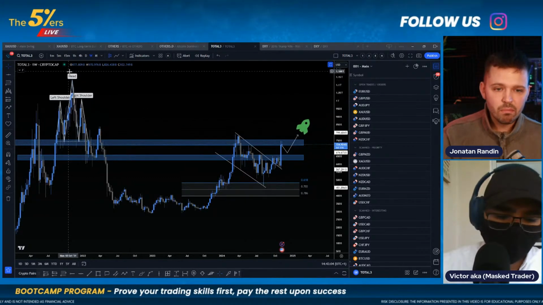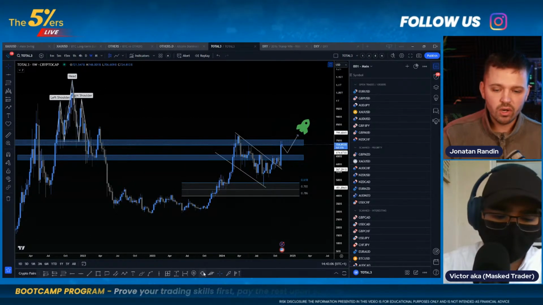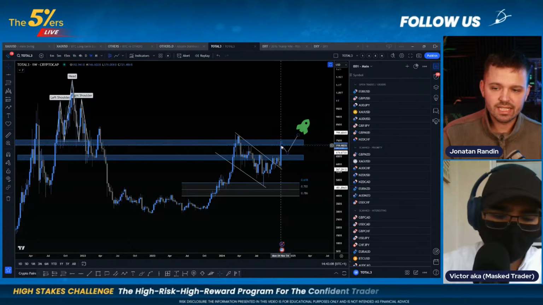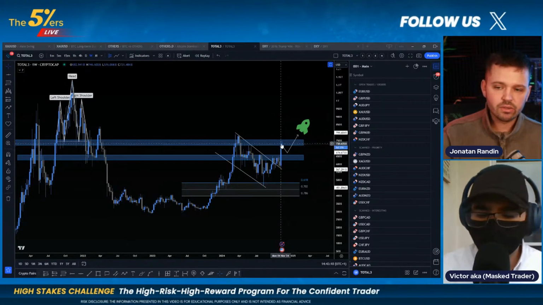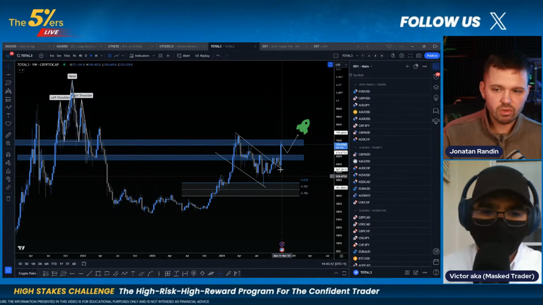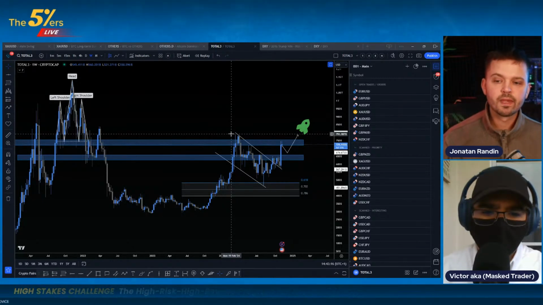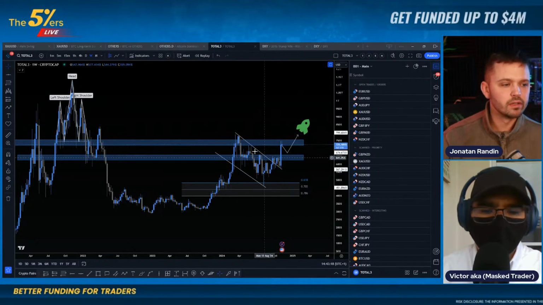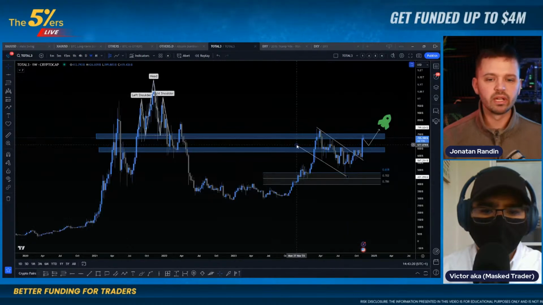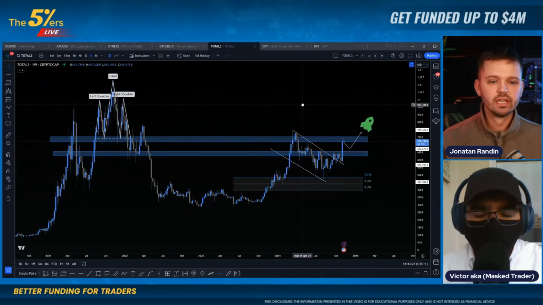So the altcoin market cap is just getting started, and we're reaching this resistance right now. I do expect a potential retrace here, but once this level is broken, we're going to be opening the floodgates. It's going to be insane.